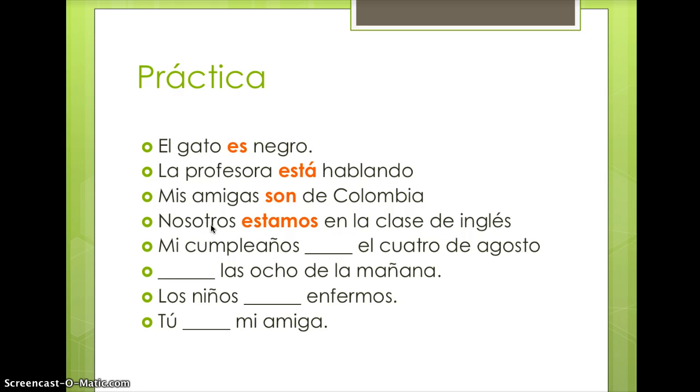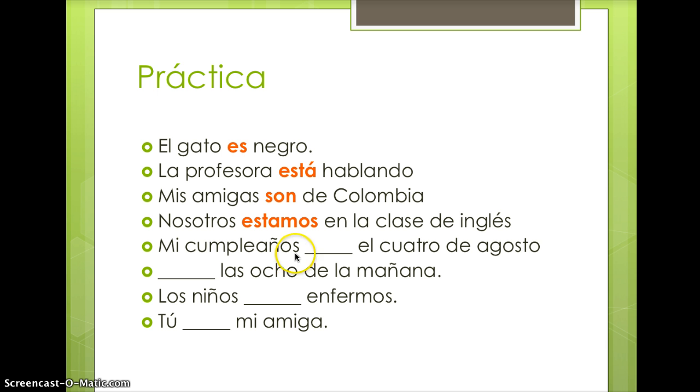Mi cumpleaños, blank, el 4 de agosto. So I see a number right here, and I also see a month. So I know I'm talking about a date. In this case, I'm talking about my birthday. This happens to be the weirdest example ever, I'm sorry, but I figured you would know what cumpleaños means. That means birthday, but do you notice how it ends in an S? There are so few words in Spanish that end in an S and are not plural.